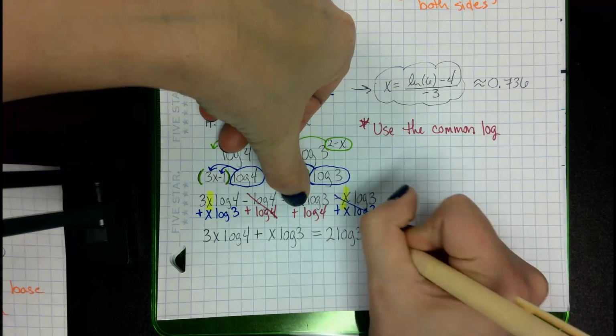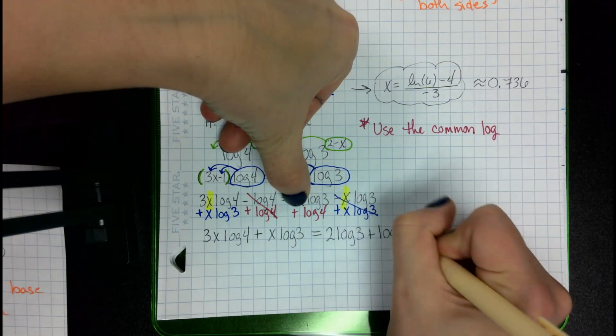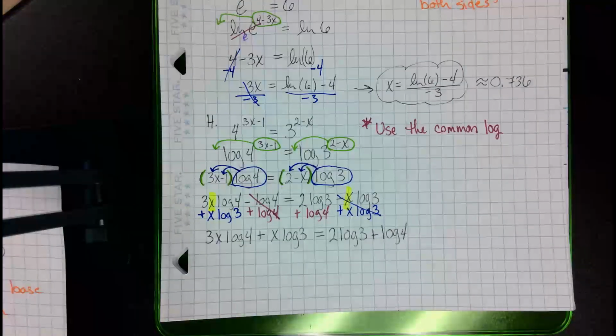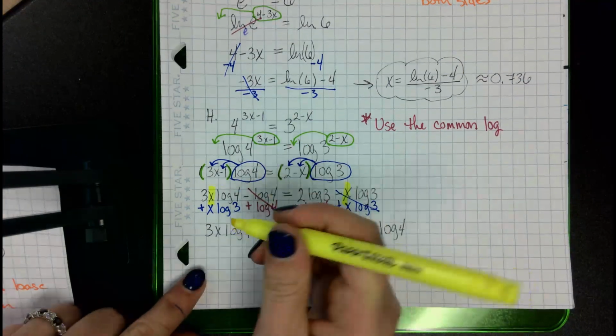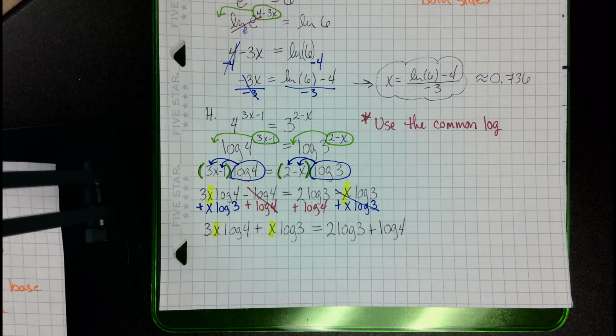And then I moved the log 4 over there, so plus log 4. So I just switched sides. So now my x pieces are on the left, and my non-x pieces are on the right. So we're getting closer. We still are trying to get x by itself.